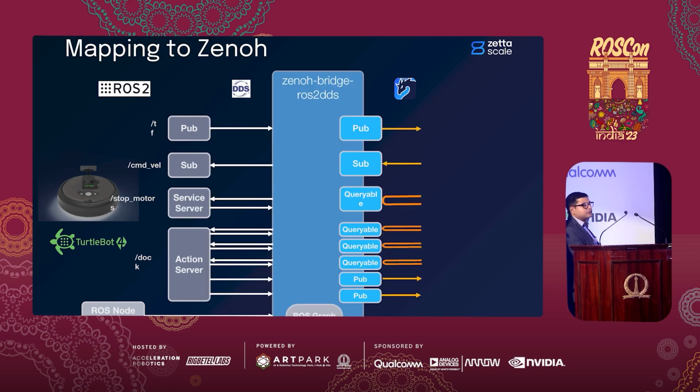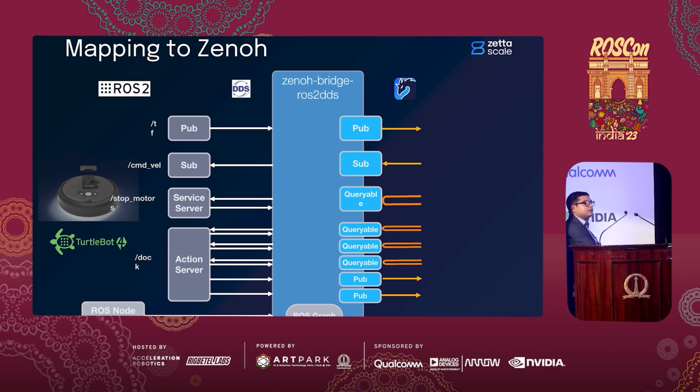So now we introduce the Zenoh bridge. Here you can see we map the DDS publisher with the Zenoh publisher, and the DDS subscriber with the Zenoh subscriber. But for the request and reply topics, we introduce the Zenoh queryable. In Zenoh there is a notion of queryable: a single entity that gets the request and sends the reply back, handling both receiving the request and sending the response.